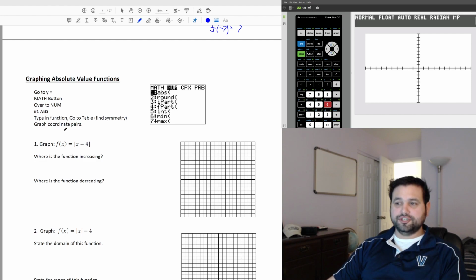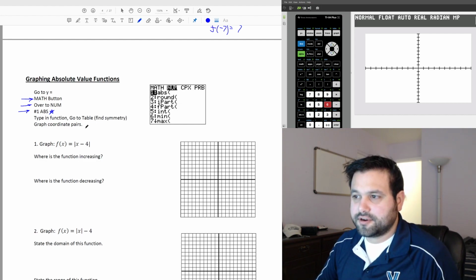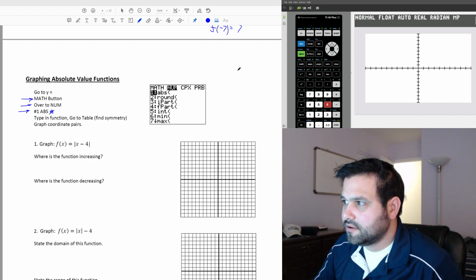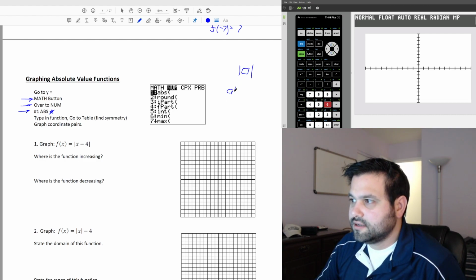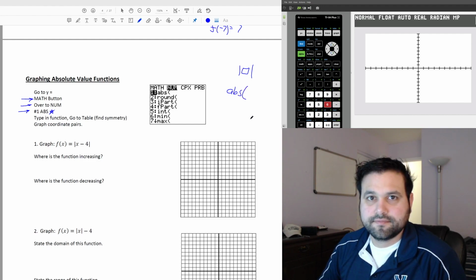The calculator can do the absolute value for us. If we go to the math button, and then go to number, the first option, ABS, that stands for absolute value. On your calculator, you're going to see either the absolute value bars, and you can start typing inside, or you're going to see this.